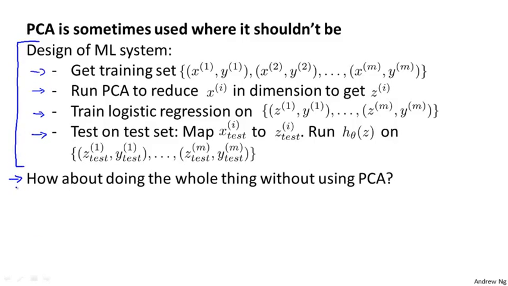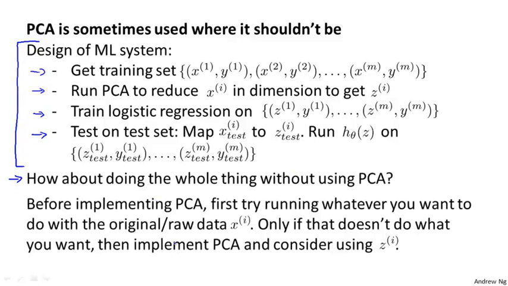And often people do not consider this step before coming up with a complicated project plan and implementing PCA and so on. And so specifically, what I often advise people is, before you implement PCA, first take whatever it is you want to do, and first consider doing it with your original raw data x(i).